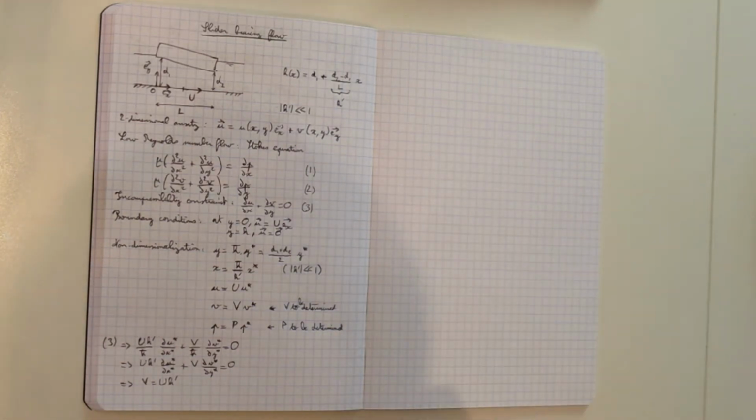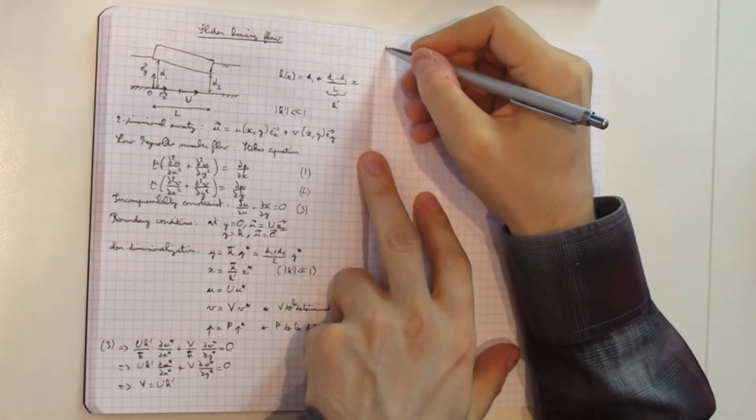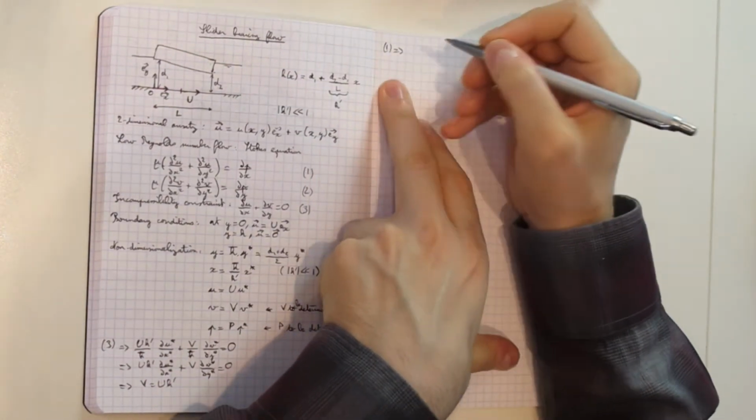Now let's have a look at what we can do for P. And well, P appears in equation 1 and 2, so let's just inject our non-dimensionalization into equations 1 and 2.